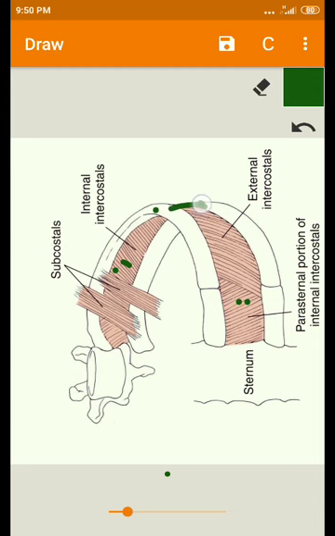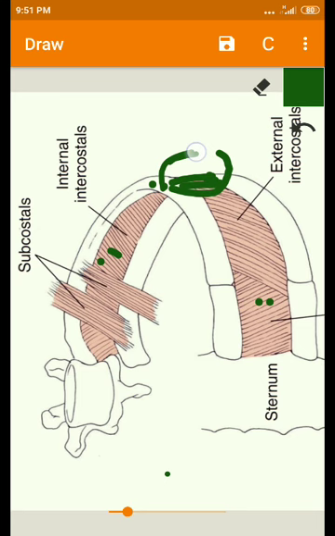So this lateral side, okay, with two layers which are present laterally, are referred as interosseous or lateral intercostalis. So at this part, both external as well as internal costal muscles are present. Okay, so these are called as lateral intercostalis.